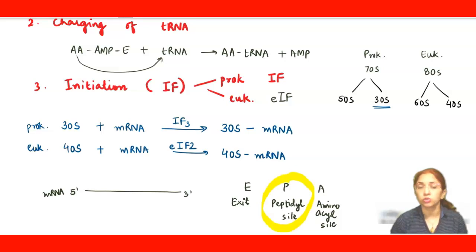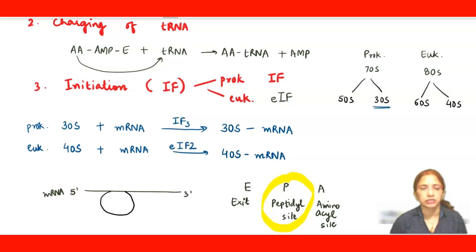So this is also one of the important questions of the board examination. First amino acid comes on which site of the ribosome? Answer is P site. Okay, so our messenger RNA is already there from 5 to 3 prime, and the smaller subunit has attached.